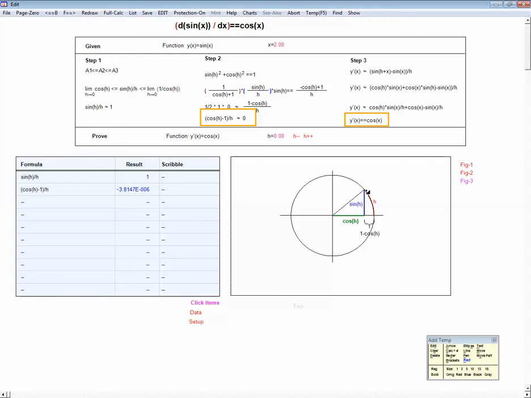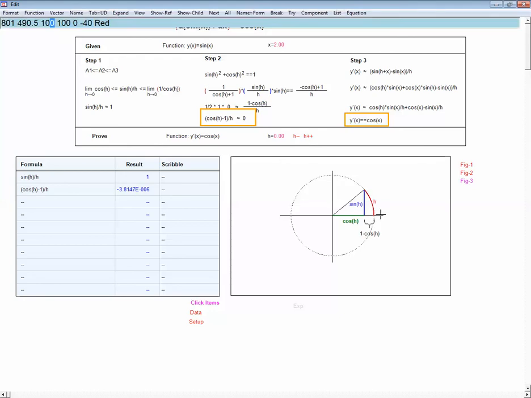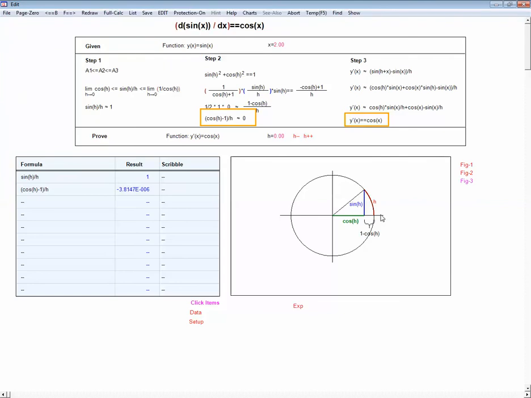The cosine of h is the green line. And 1 minus the cosine of h is this little region in here. We're dealing with the unit circle, so the distance from the origin out to the circle is 1. So 1 minus the green line is 1 minus the cosine of h.